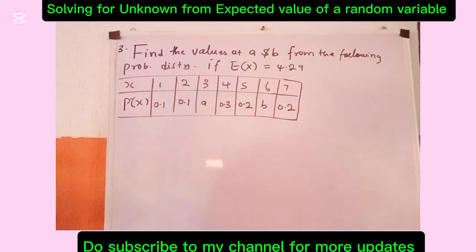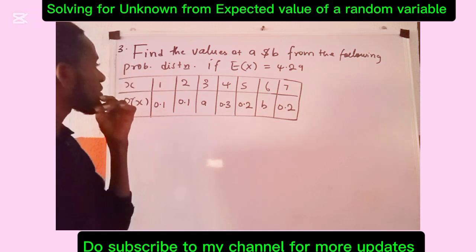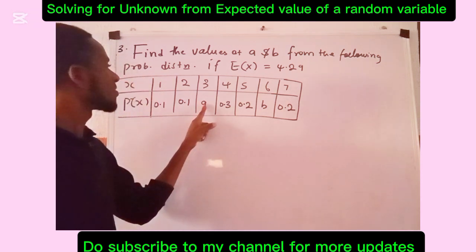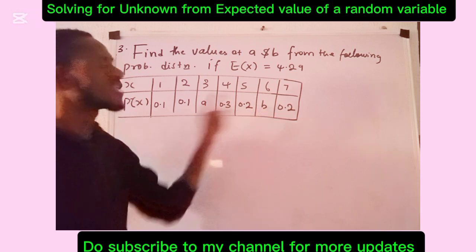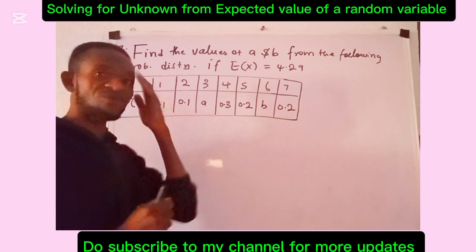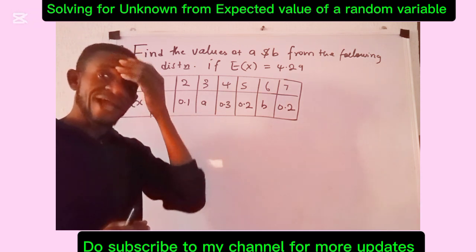So I would want to call our minds to the presence of 2 unknowns here. There is an unknown here, there is an unknown here. So this time around, it is not going to be handled by a single linear equation.